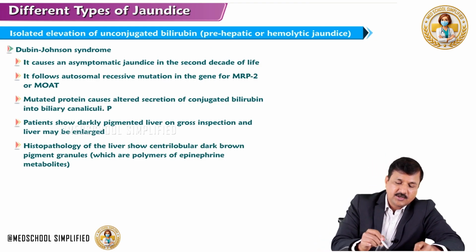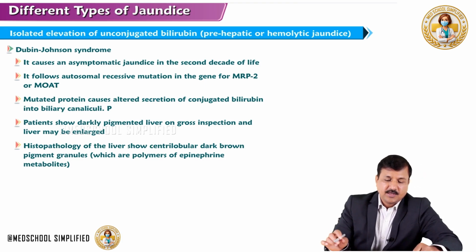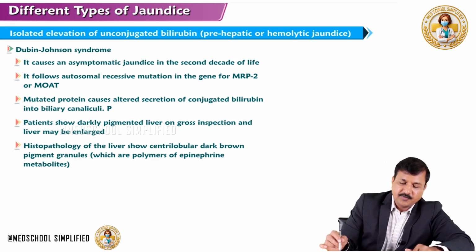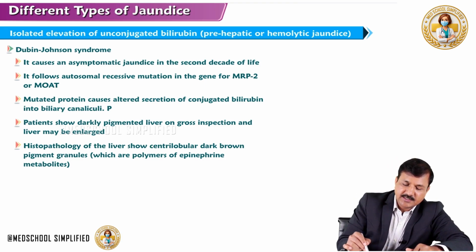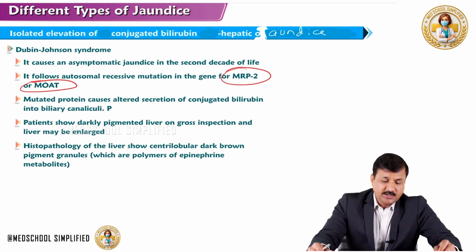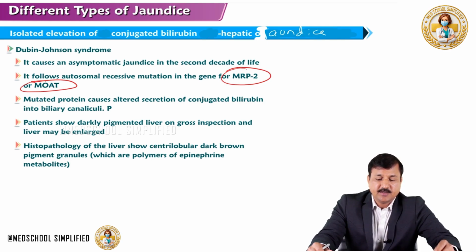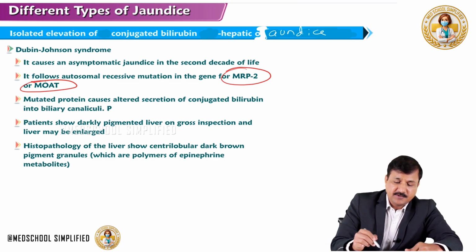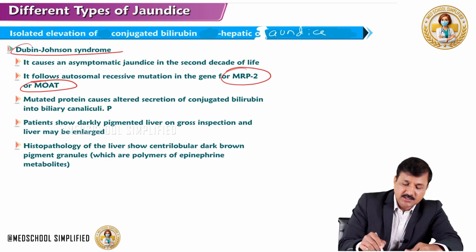Now let's look at Dubin-Johnson syndrome. Now the Dubin-Johnson syndrome is because of mutation in a gene that is coding for MRP2 or MOAT. Alright, now let's look into isolated elevation of conjugated bilirubin, that is hepatic jaundice. So one example of that here is Dubin-Johnson syndrome.